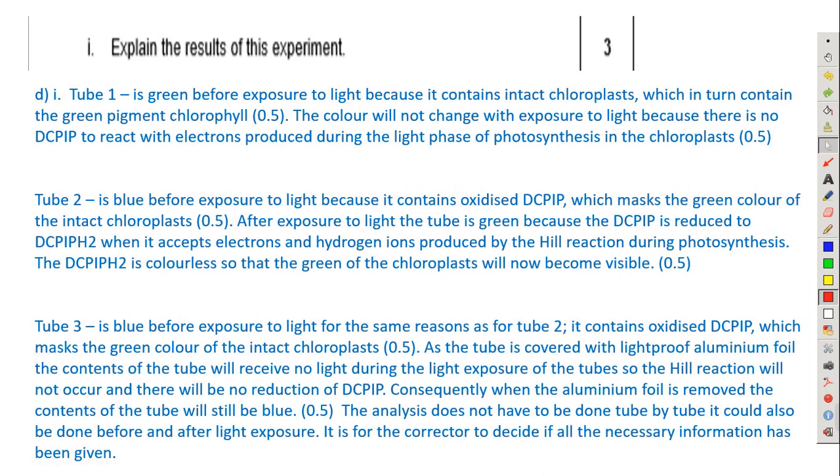But normally you should find that what you see in these answers is basically what we've been saying throughout the explanation of the experiment.